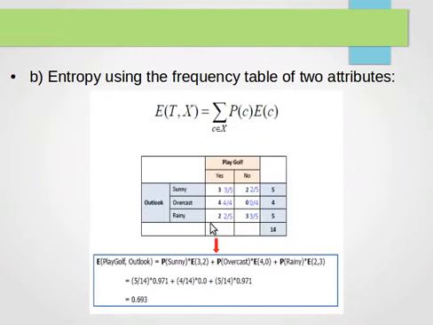And remember, for example for sunny, the probability of yes, the probability of the 3, is 3 over 5, and it is 2 over 5 when the class is no. So we don't use 3 over 9; we're only concerned about the rows as we mentioned before. We plug those values in, which should be straightforward, and we end up with an entropy value of 0.693.